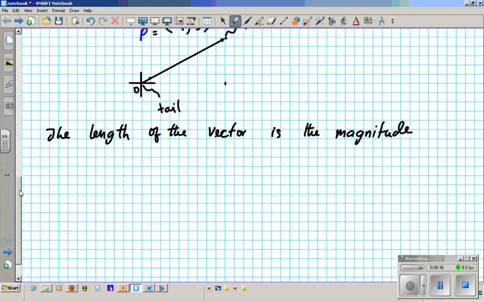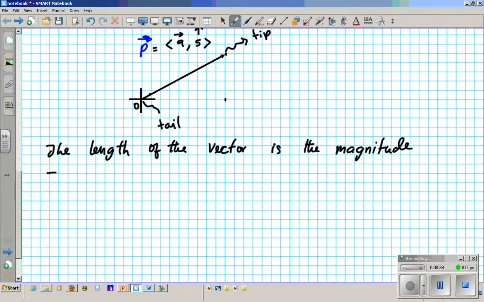And the arrowhead, which is also known as the tip, indicates the direction. Okay. That indicates the direction.